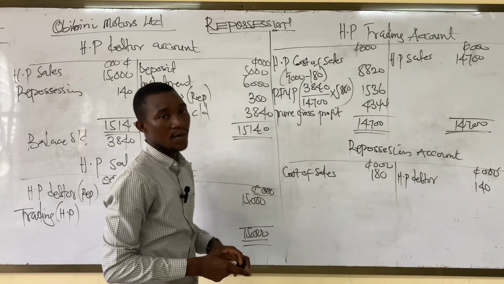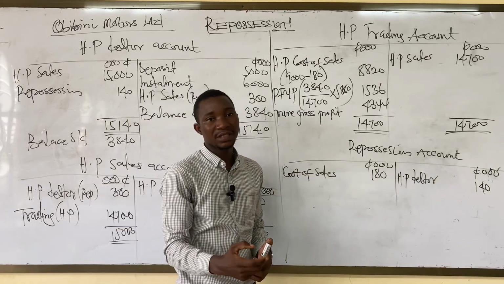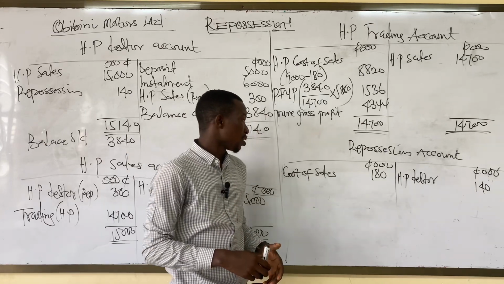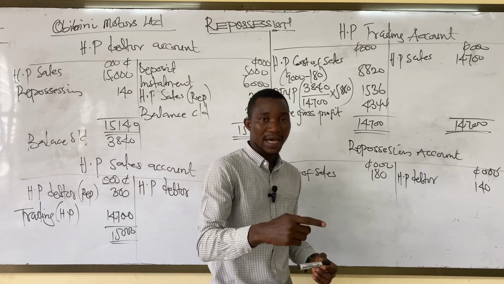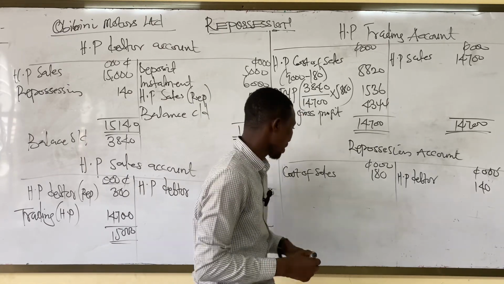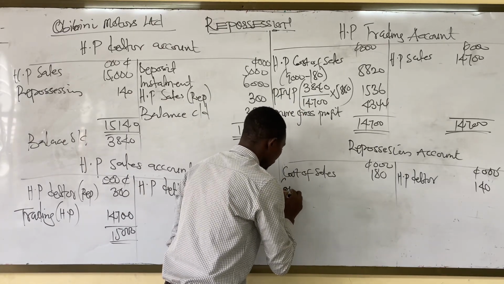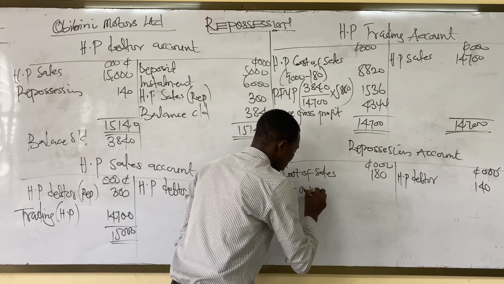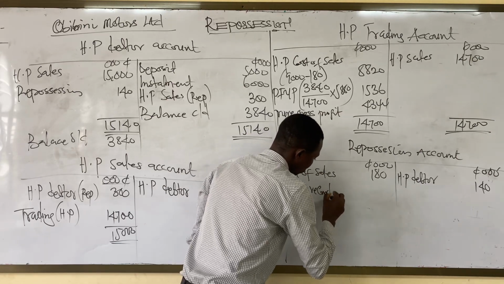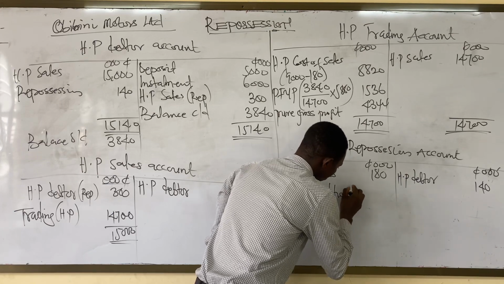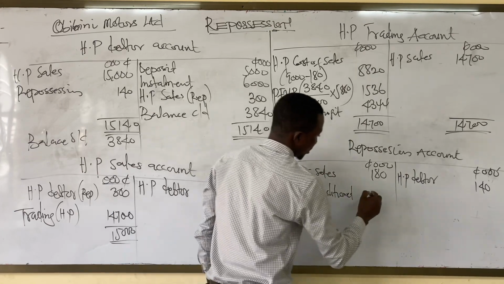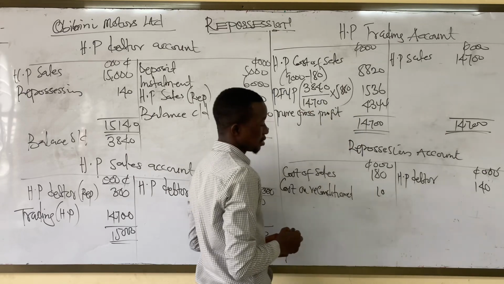And remember that the repossessed goods has been reconditioned and sold. So the cost incurred on the reconditioned item is 10 cedis.